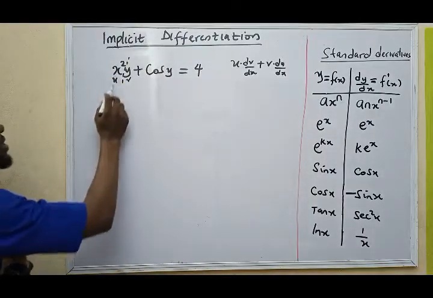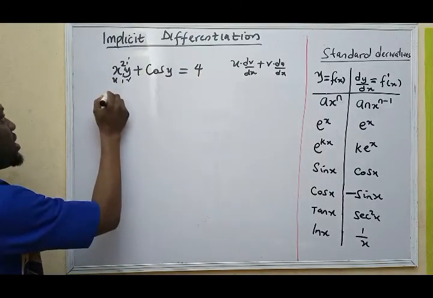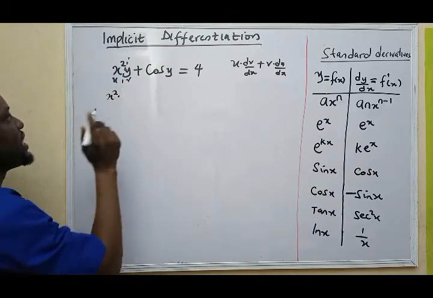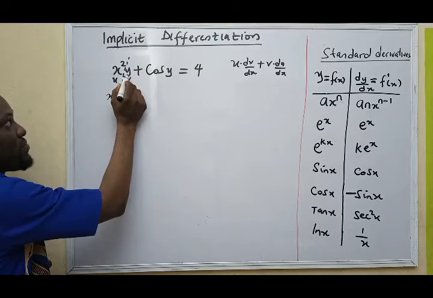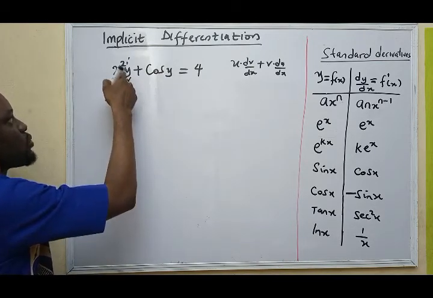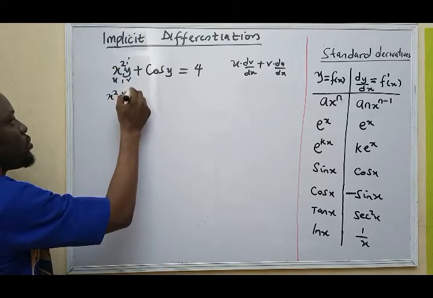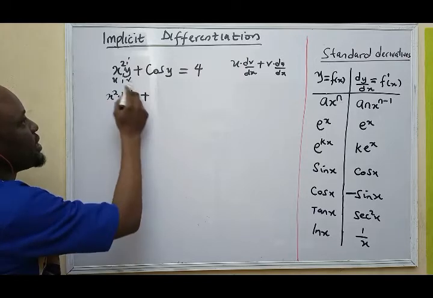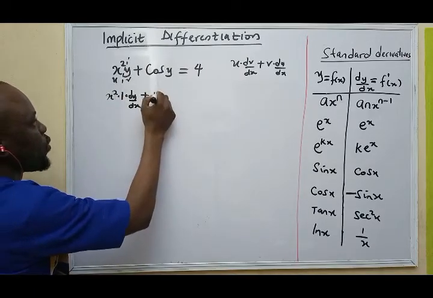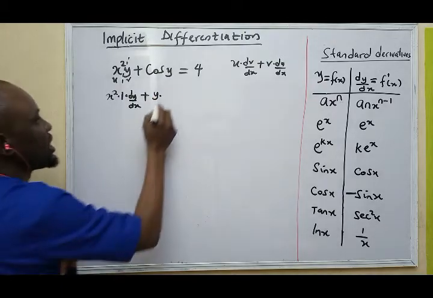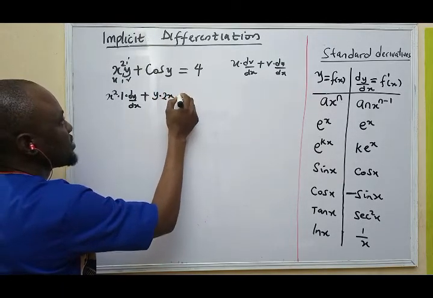Now, u is x squared, dot dv/dx, which means the derivative of y. If I differentiate y, I'm going to get 1. Because I'm differentiating with respect to y, I'm going to multiply this by dy/dx, plus then v is y, dot, if I differentiate x squared, I'm going to have 2x.